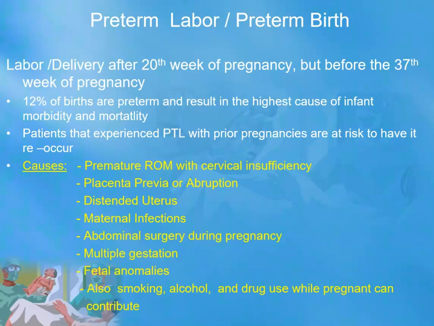We may have to go to the big guns, which would be the magnesium sulfate. Magnesium sulfate is an IV infusion, okay? And it is a very strong infusion. When a patient is on a mag sulfate drip, they're pretty much staying at the hospital while they have this preterm labor. They're not going anywhere.